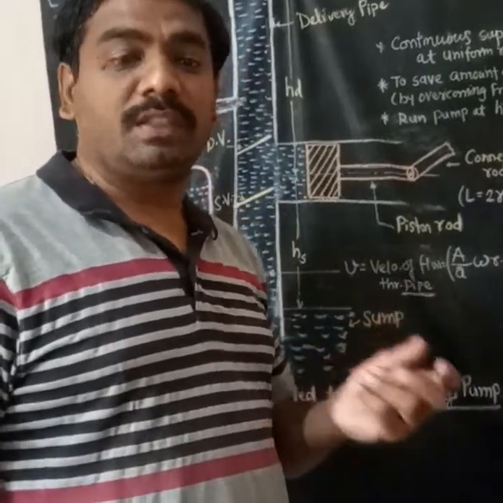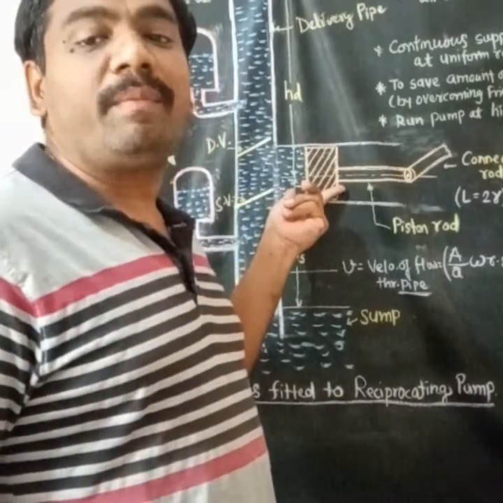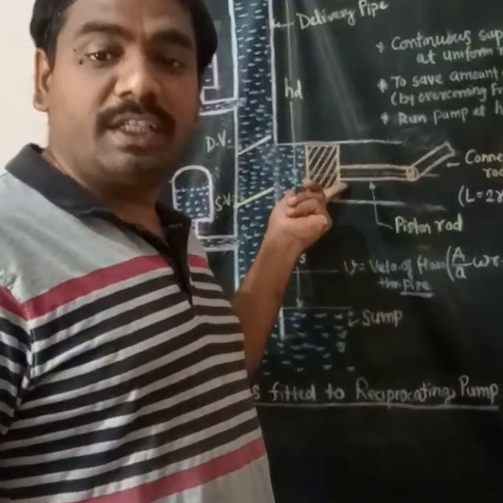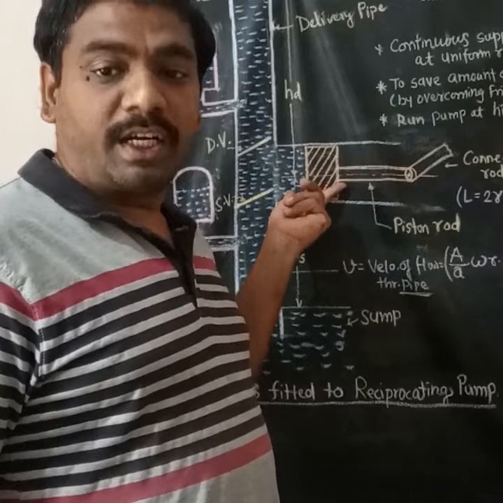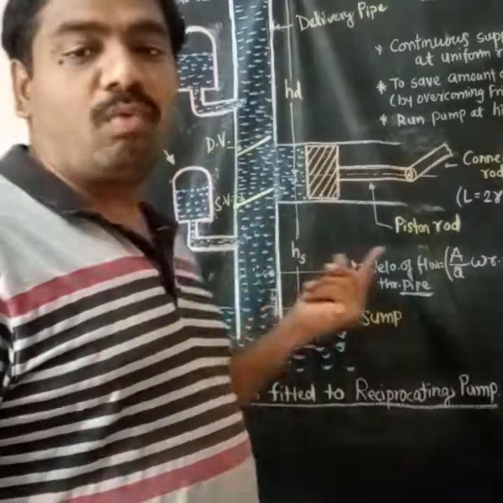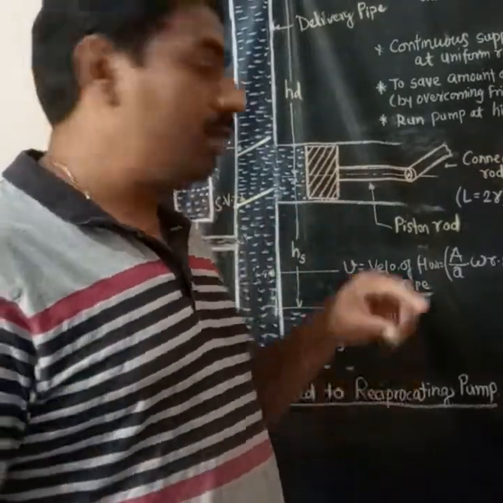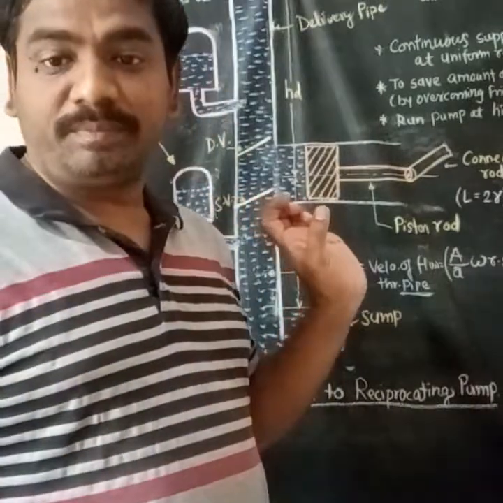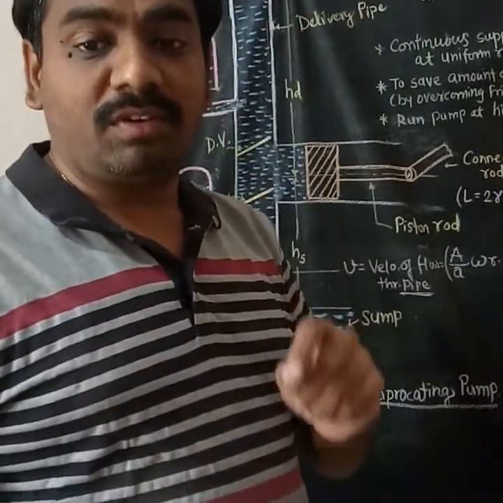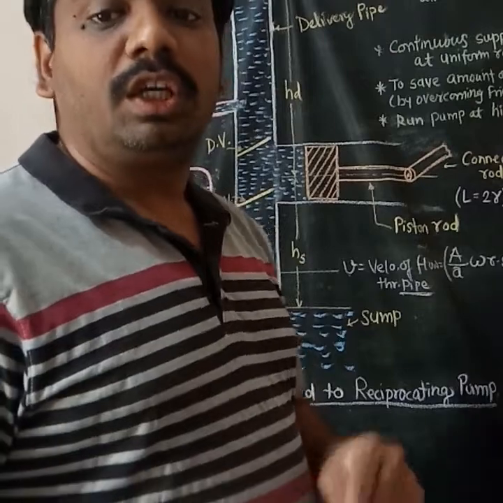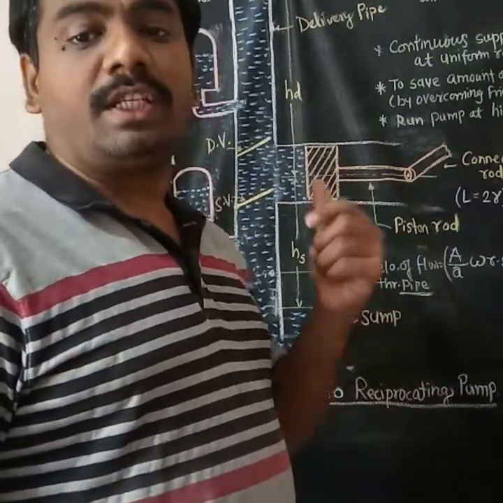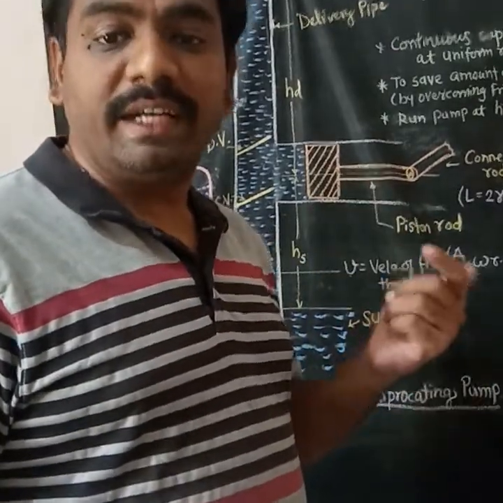It is according to the requirement of the fluid entering the cylinder, so there will be an excess amount of water. This excess amount of water will enter the air vessel during the second half of the suction stroke. Here the retardation takes place, so a lesser amount of discharge is required in the cylinder.